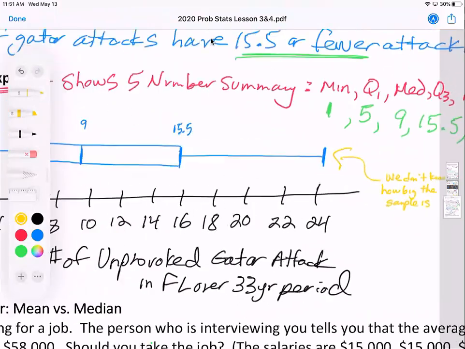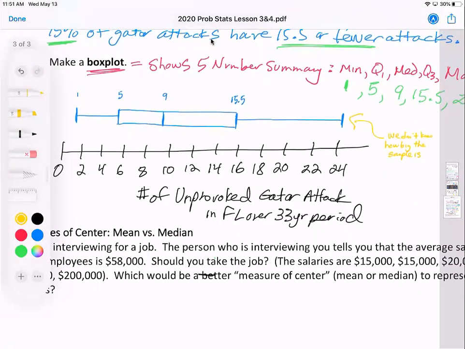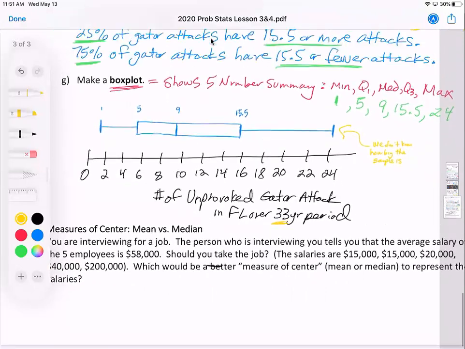There's nowhere here that tells on the box plot itself that there's 33 years worth of data. We could tell it here, but we can't tell from the box plot. So that's just one thing to note about box plots. And there's other things, but we'll just leave it at that.